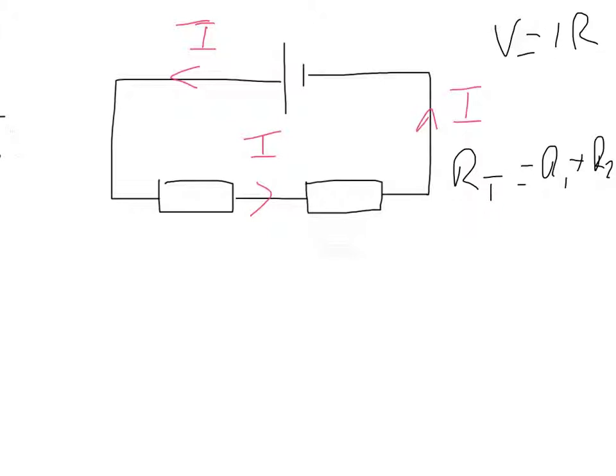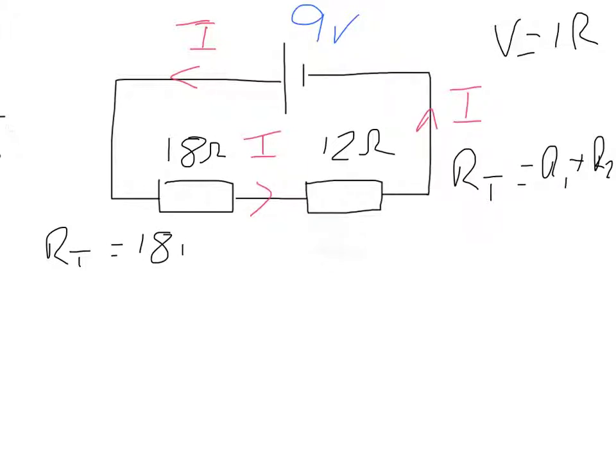So let's take, for instance, 2 values here. If we say that we have an 18 ohm resistor there and a 12 ohm resistor there, and let's say we've got a 9 volt battery, our total resistance will be RT is equal to 18 plus 12, which is equal to 30 ohms.